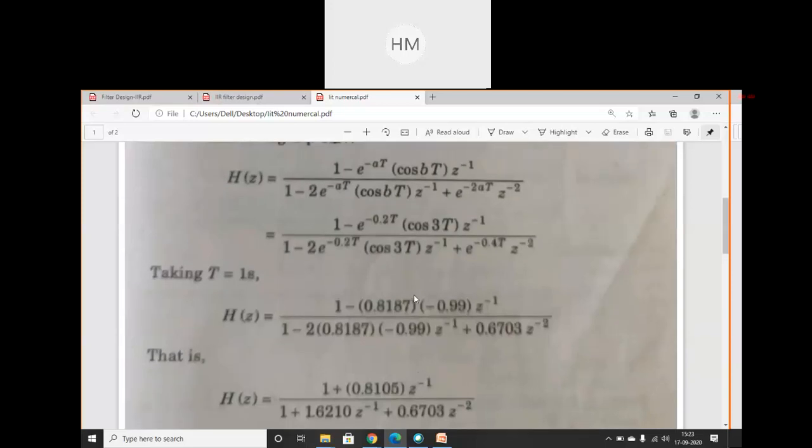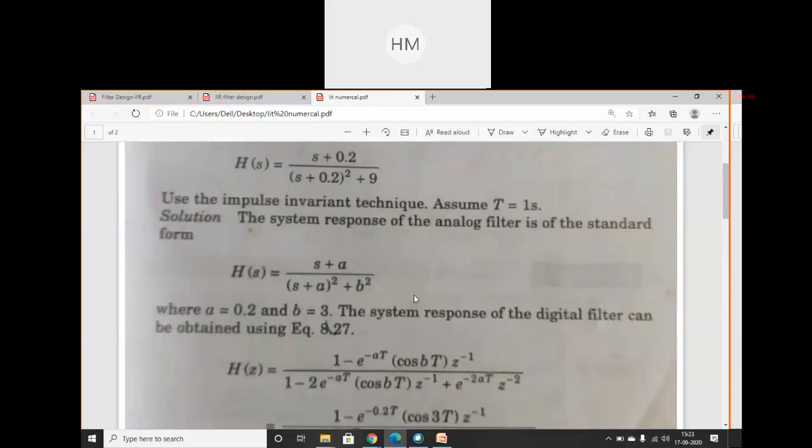So finished with this. This is a very, very simple question. But what is complicated in this? To remember that equation. That is most important. To remember this equation. Otherwise, nothing is needed. Clear?